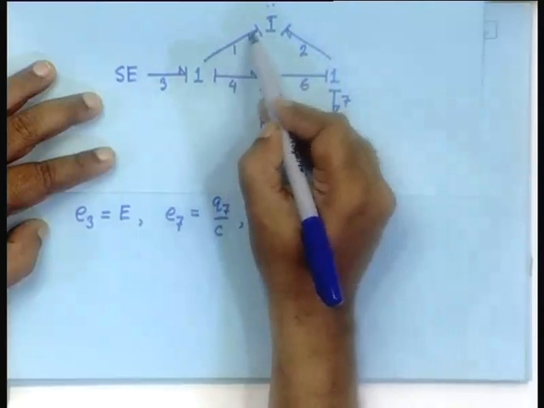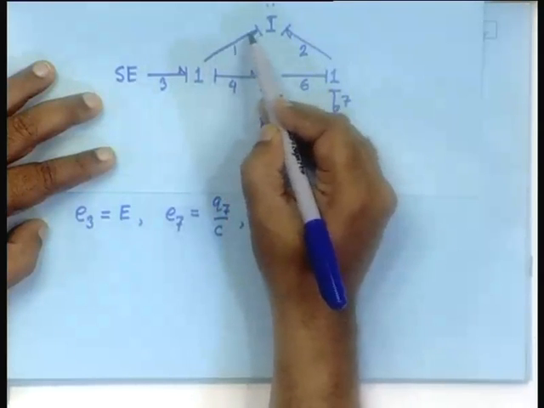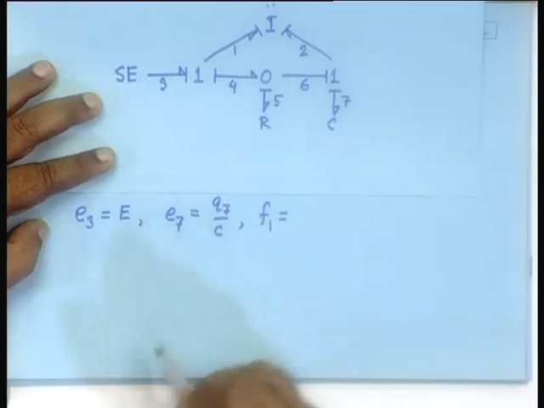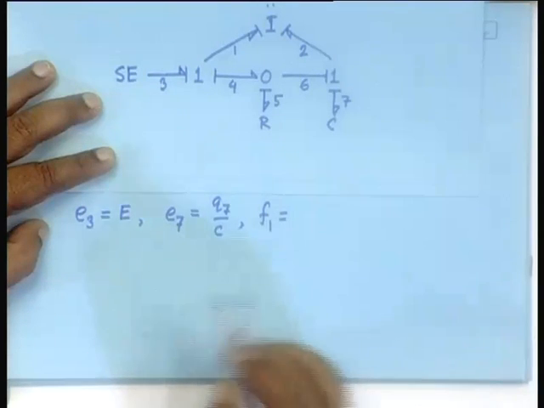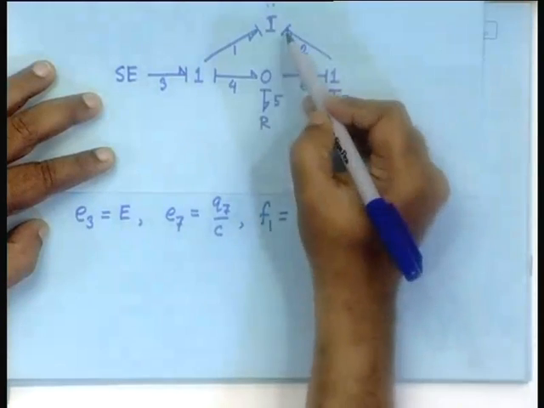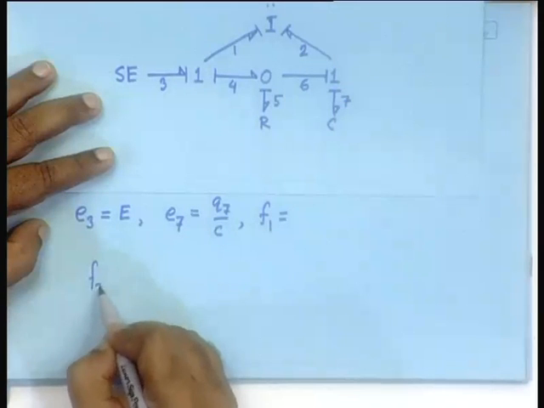In this particular bond, what does it give? F1. So, F1 is equal to what? As yet we do not know that, but we will soon know. But in this bond, what does it give? F2. So, we will need to know F2 also.